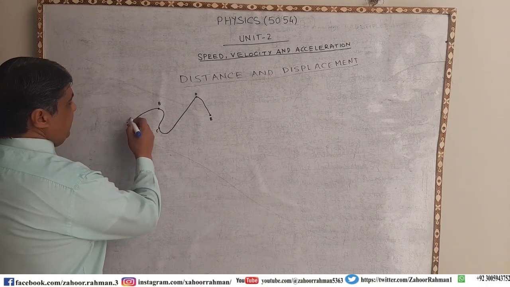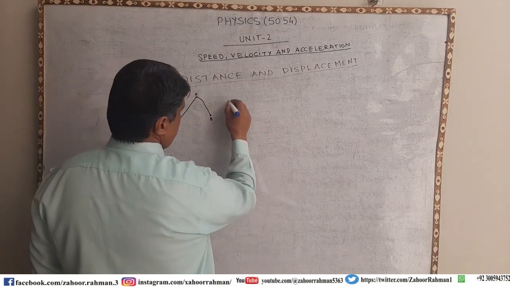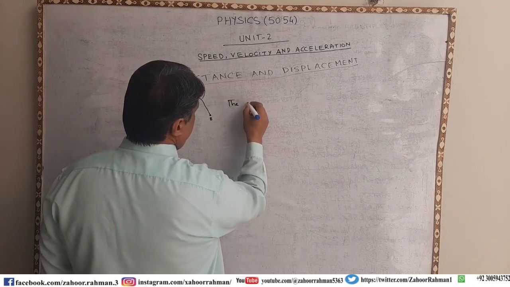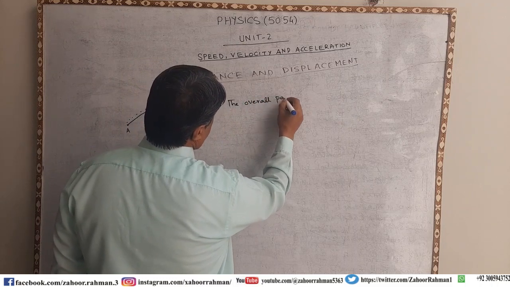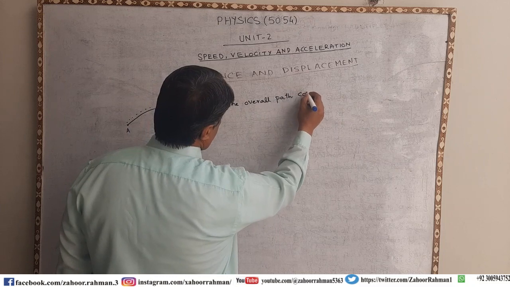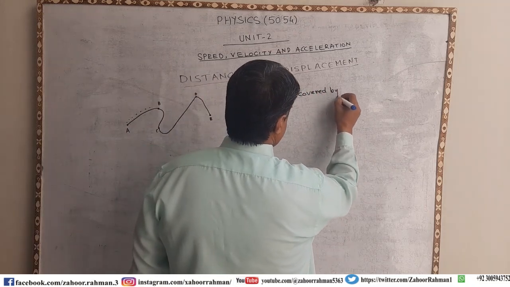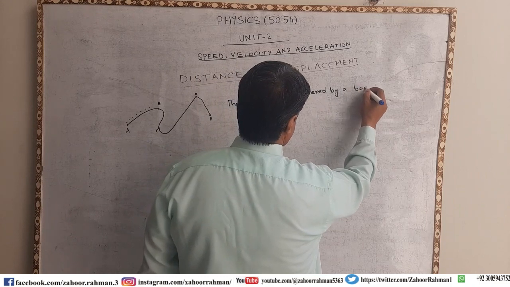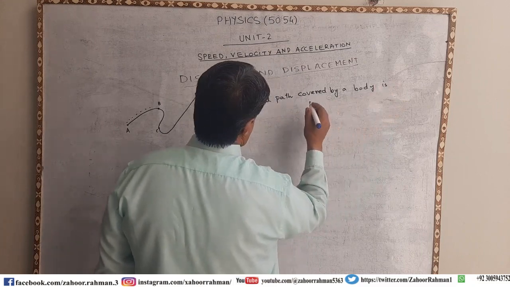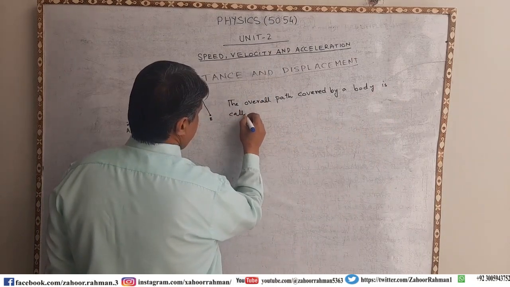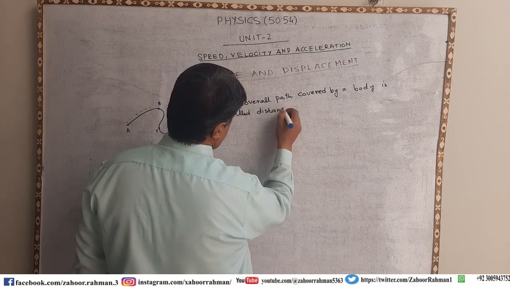So the overall path covered by a body is called distance.